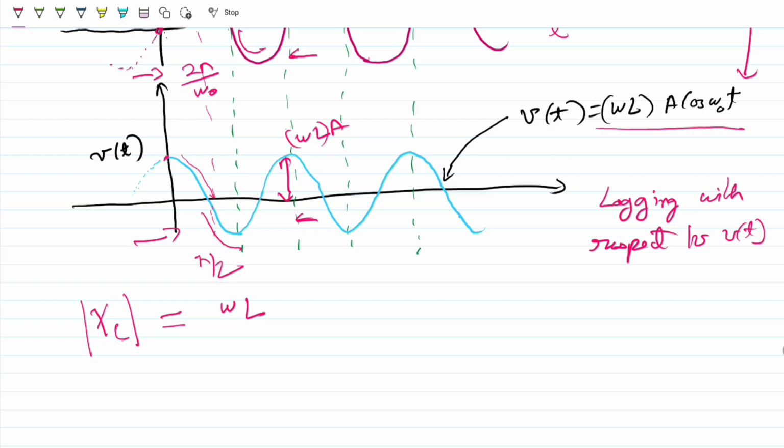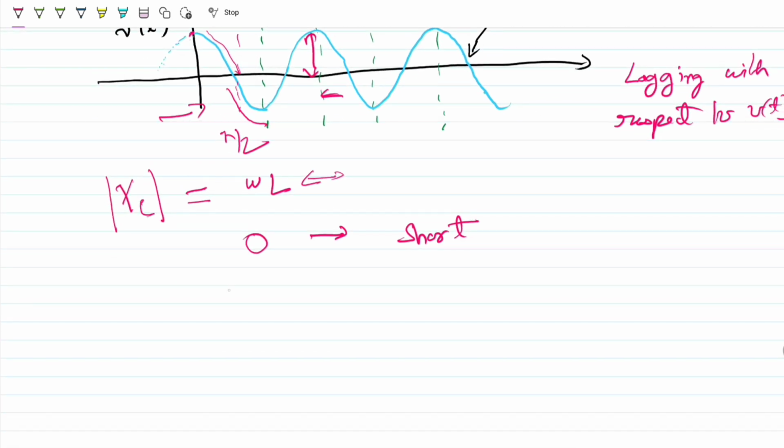It measures the impedance that it shows to an applied voltage. At DC, the reactance is 0 because omega is equal to 0, which in a way means that the inductor behaves like a short. At a very high frequency, omega L is also very high, and the inductor behaves like an open.